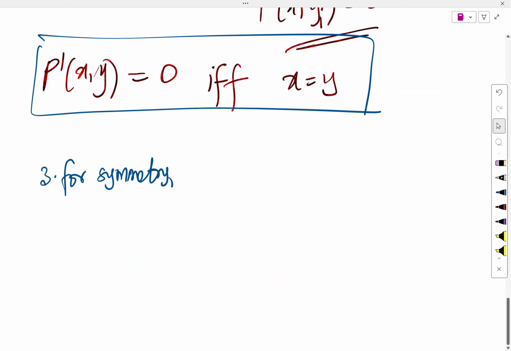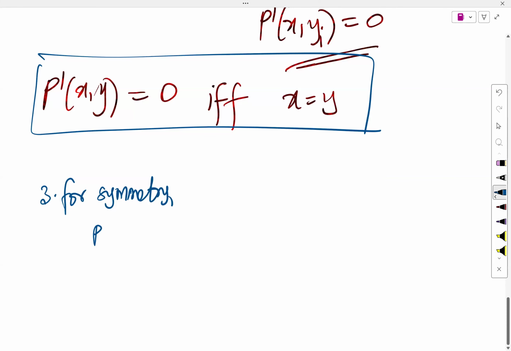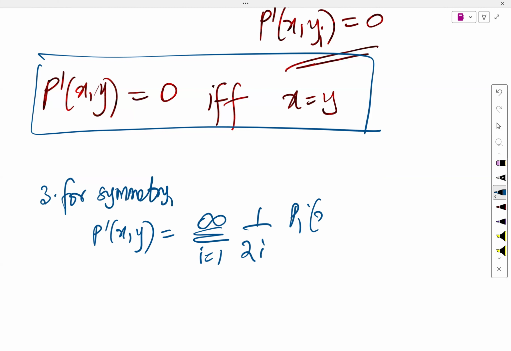We say that p prime of x comma y is already given as a summation from i equals 1 to infinity of 1 over 2^i p_i of x comma y_i all over 1 plus p_i of x comma y_i, right?